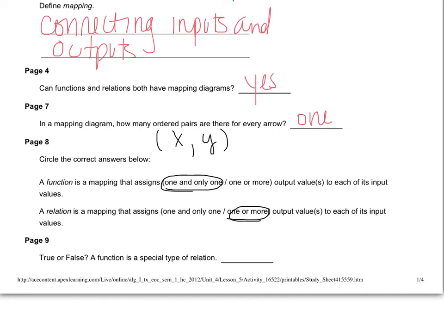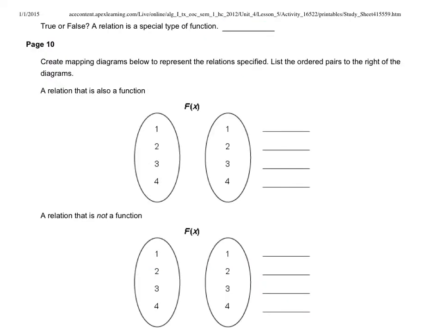So, as we learned before, it is true that a function is a special type of relation. But a relation is not a special type of function.